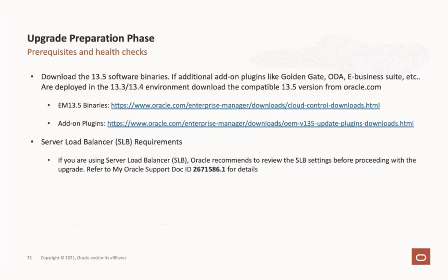So we have a MOS note, and also a white paper which talks about the detailed steps on what changes we have made with respect to the SLB layer, because some of the health monitoring send and receive strings have changed in 13.5, with respect to some of the Apache layers. So I highly encourage all the customers to review this MOS note and the white paper. Please review those settings on the SLB layer before you plan for the upgrade.